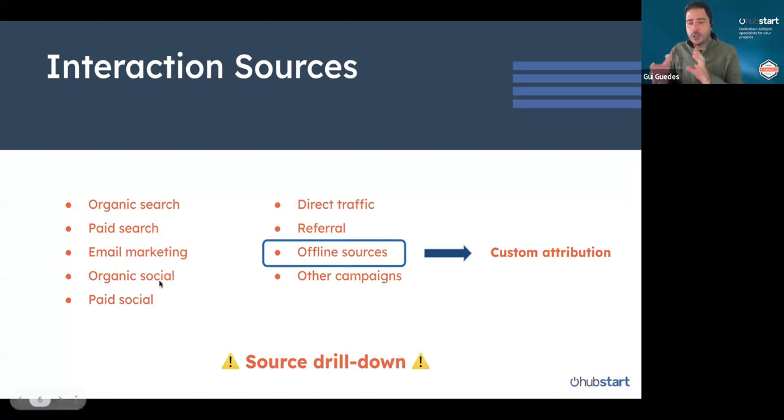So the social part, this is one that we should give a little bit of attention to, because we have organic social and paid social. They are a little bit different, but they try to measure the same thing, which is your social marketing efforts.